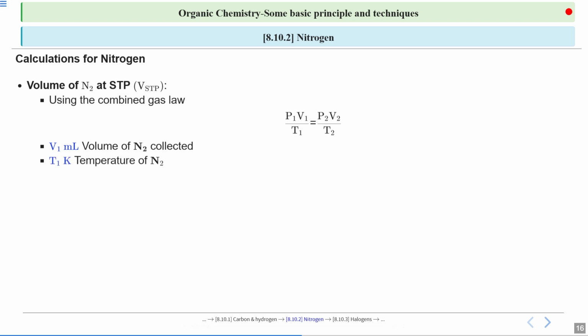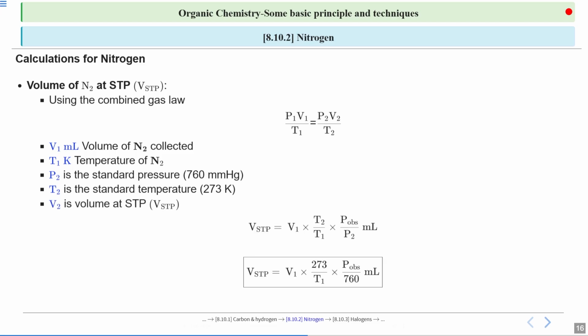Then T1 is the temperature at which the nitrogen was collected, measured in Kelvin. Then P2 is the standard pressure, which is 760 millimeters of mercury, or mm of Hg. T2 is the standard temperature, which is 273 Kelvin. Finally, V2 is the volume of nitrogen at STP, which is what we are trying to find.